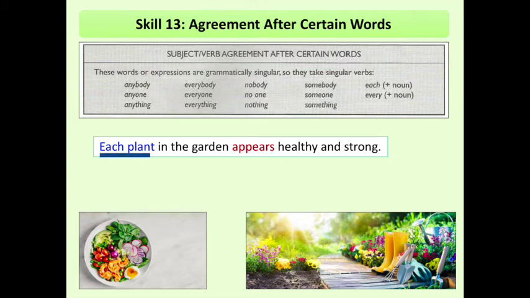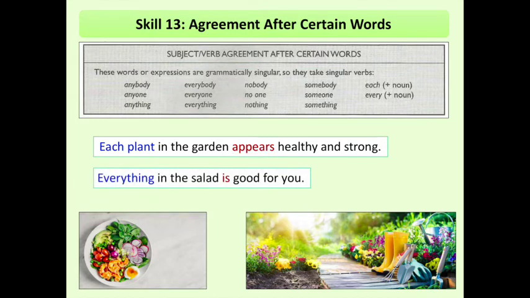Each is one of these words that is always singular. So, we have a singular verb, appears, present simple with an s for a singular subject. The second sentence: everything in the salad is good for you.